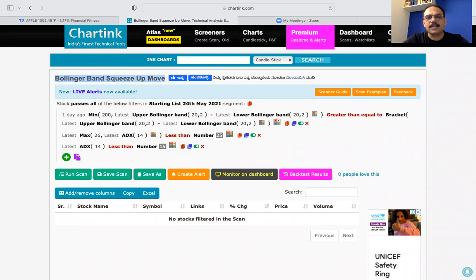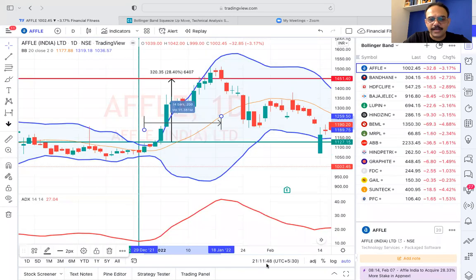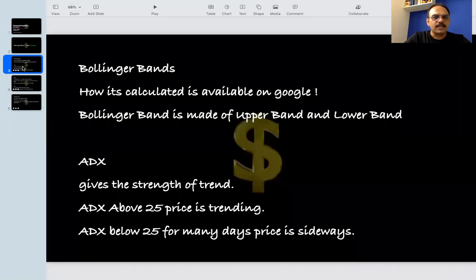You can search in the charting site, there is a place where you can search for these filters. You'll get it, because I have not made it private. It is public only. So let's go to the slides so that you can note down the rules, and then we'll take a few more examples.